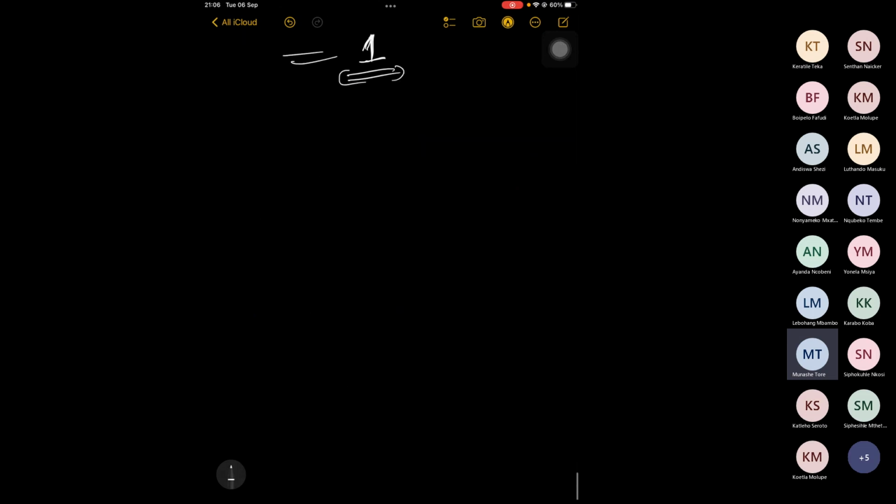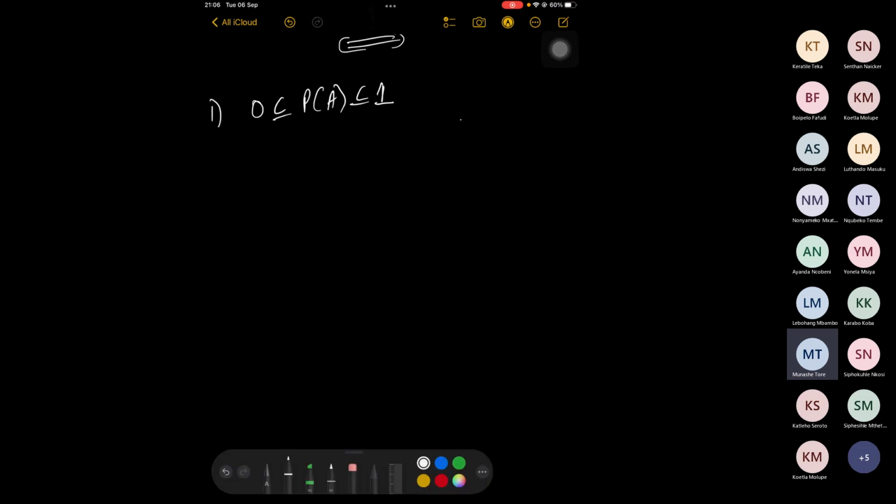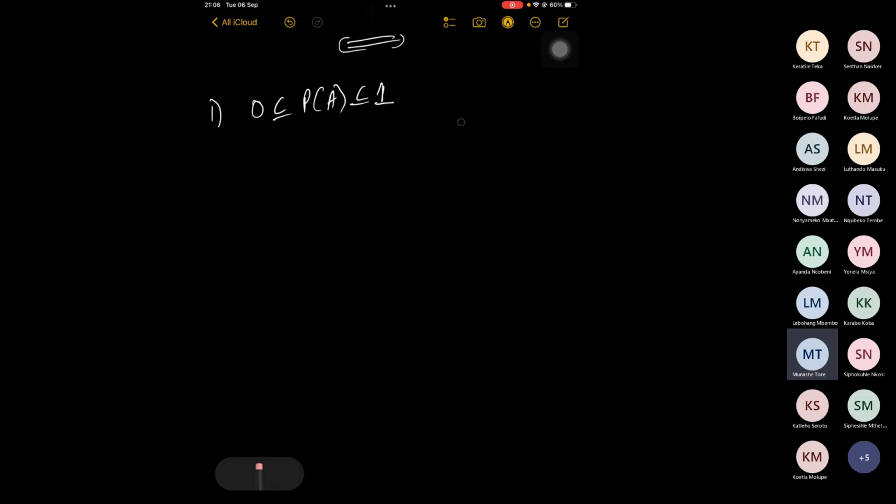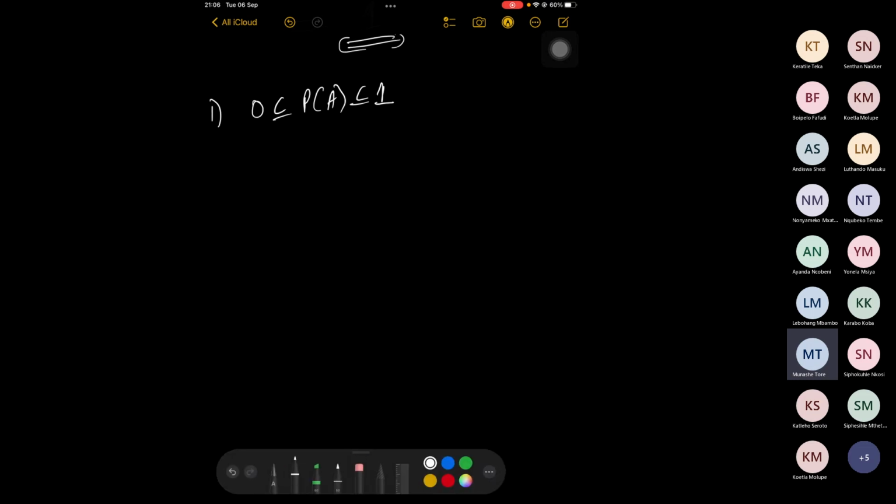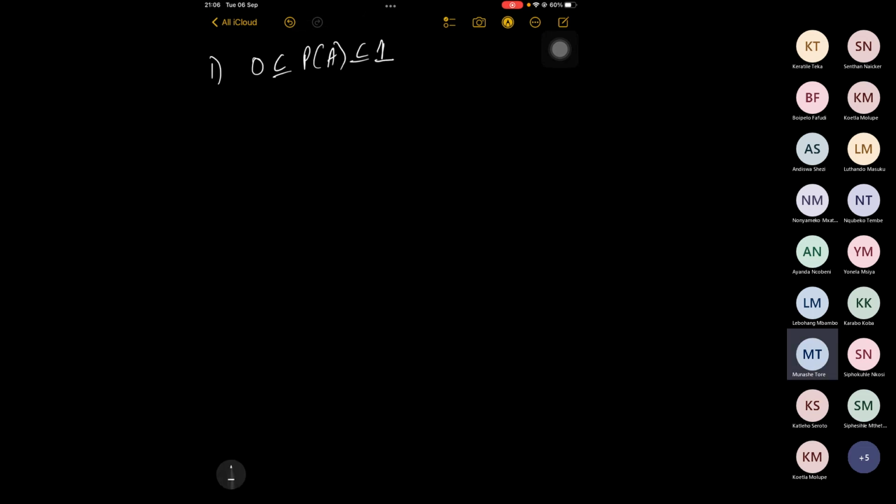So when it comes to probability, here's what you're supposed to know. Case one, your probability of A is always supposed to be in the range of 0 to 1. Whenever you get a probability that is greater than 1, which is actually common when you're doing counting methods, at least that's how I used to go about it when I did stats.